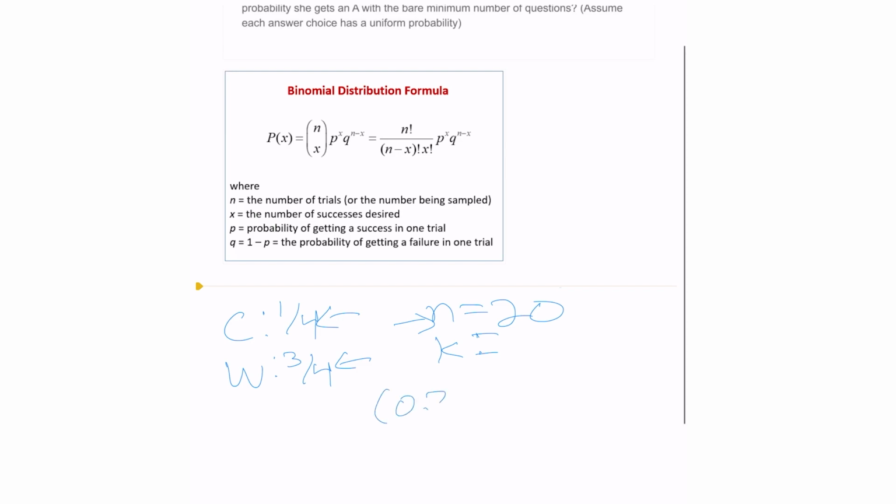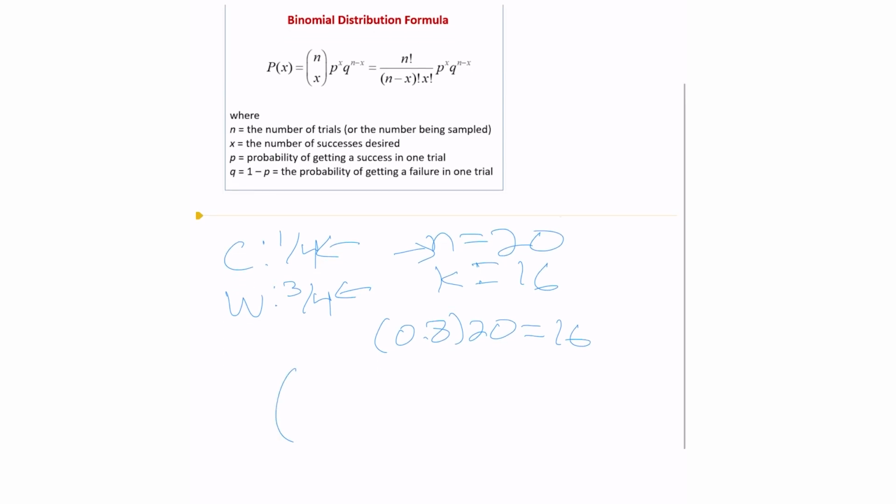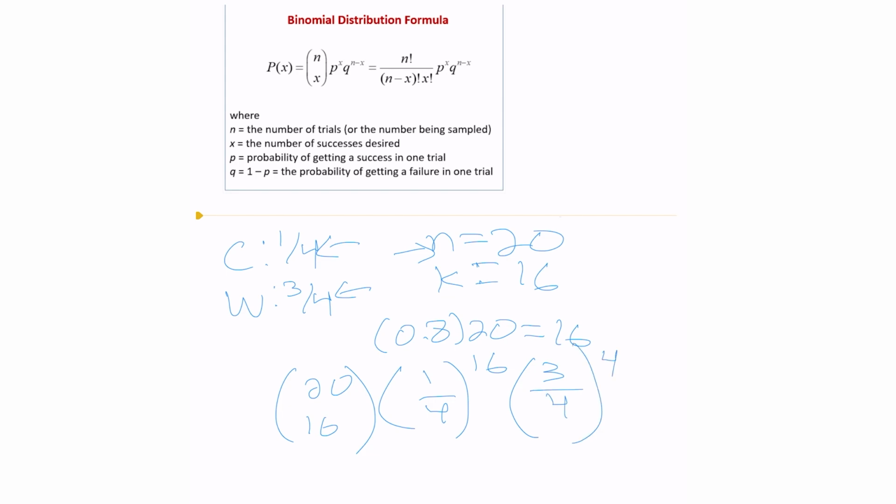It would be 0.8 times 20, which is 16. So k is 16. Our final answer would be 20 choose 16, times p, which in this case is 1/4 because that's what we're interested in, to the 16 power, times 1 minus p, which would be 3/4, to the 4, because n minus k, or 20 minus 16, is 4, and this is our final answer.